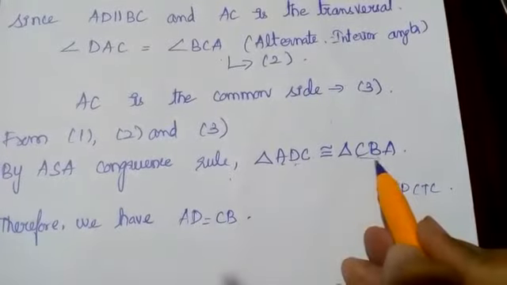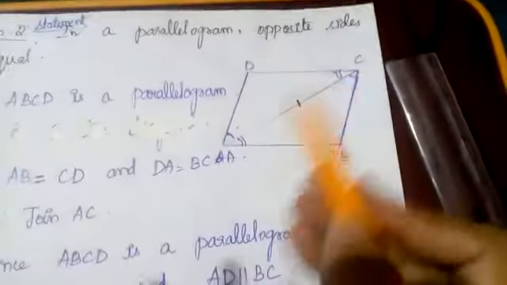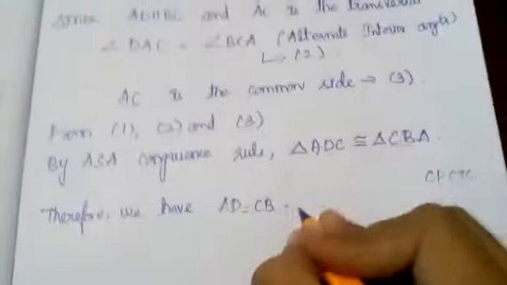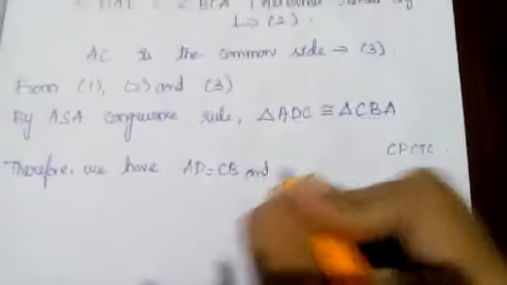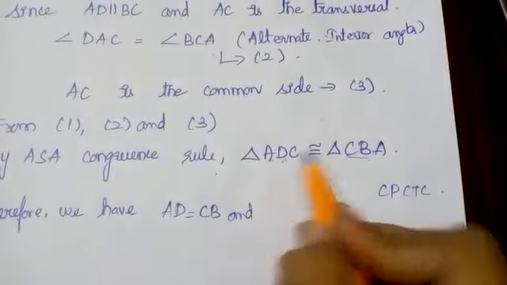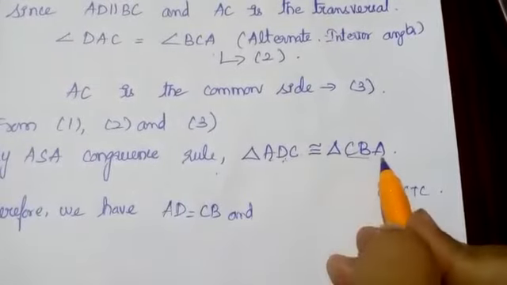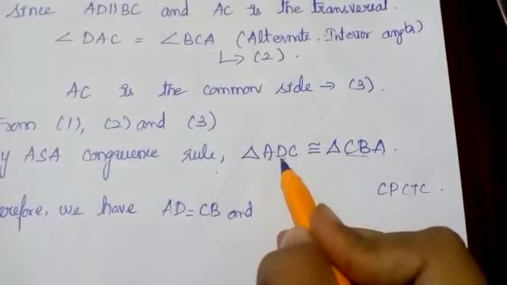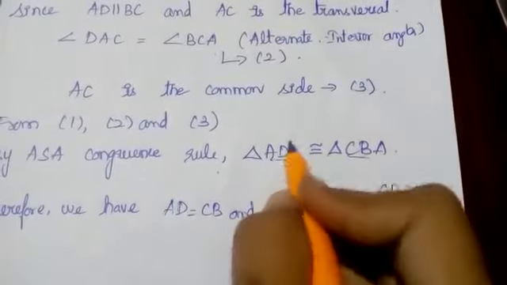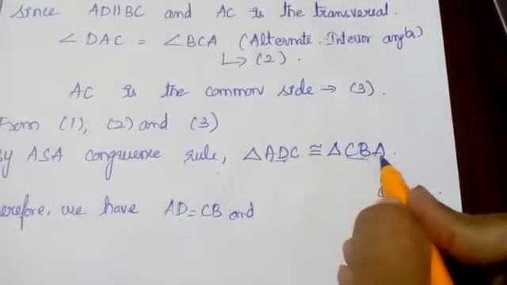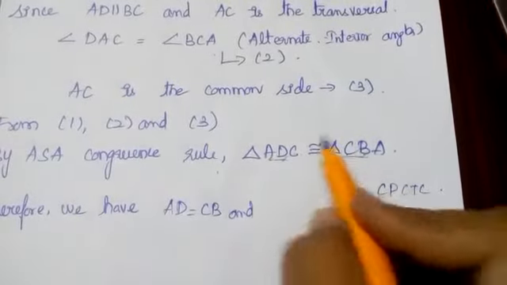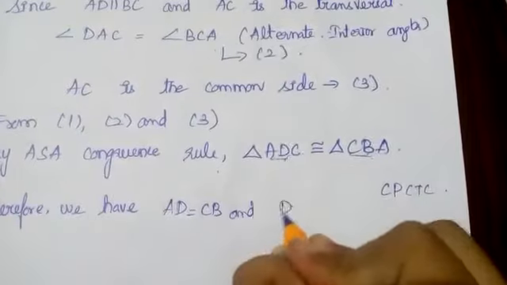Next, DC is equal to BA, which is also a pair of opposite sides. Angle A will be equal to angle C, angle D equal to angle B, angle C equal to angle A. Similarly, side AD will be equal to side CB of this triangle, and side DC will be equal to side BA. Therefore AD is equal to CB and DC is equal to BA.